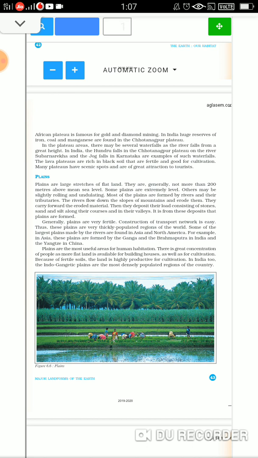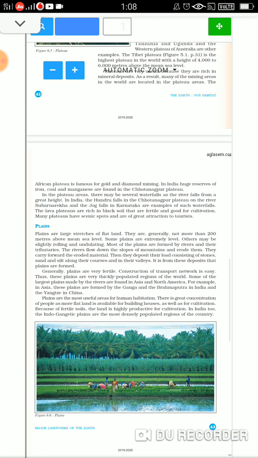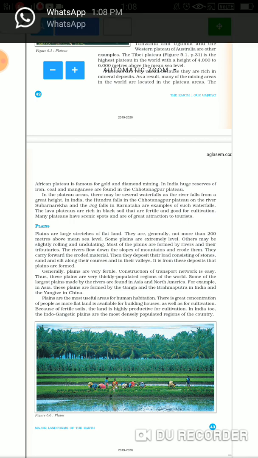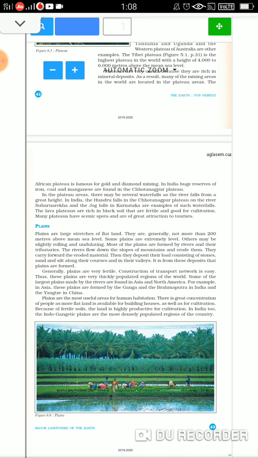Fine. The African plateau is famous for gold and diamond mining. In India, we have many reserves of iron, coal and manganese in the Chota Nagpur plateau. Plateau areas also have waterfalls and river falls, so they are very famous. Tourists go there.